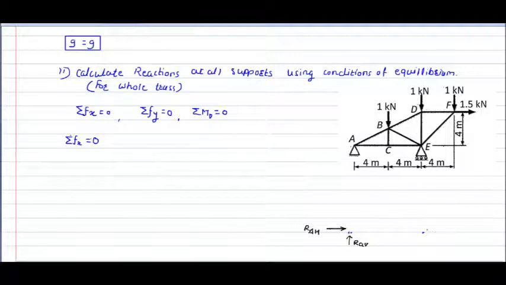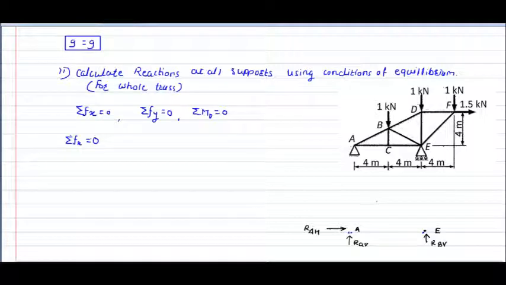Now somewhere here there's RB vertical. So only observe the forces wherever they are acting, and the reactions and points. So this is our point A, this is our point E. This will become very easy for you to go along with this diagram.